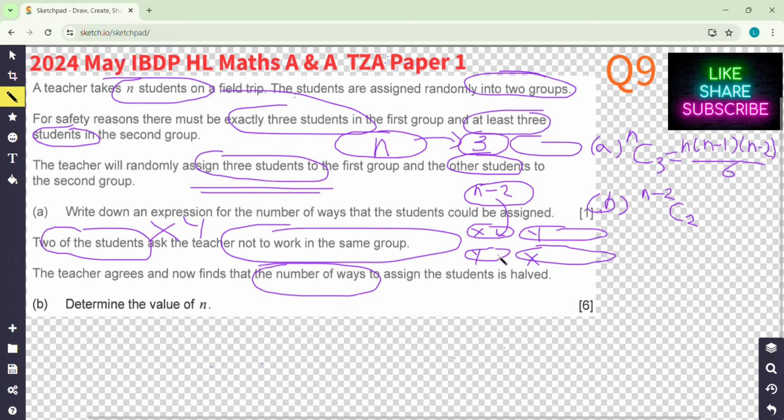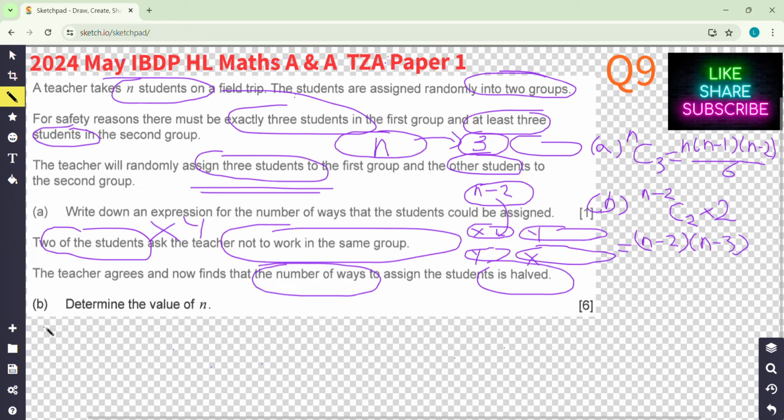And because there are 2 ways to do so, this has to be multiplied by 2. Write it out explicitly: (n minus 2)(n minus 3) over 2, multiplied by 2, so they cancel out. But the condition says the number of ways is half. So the equation we got is this is half of this one.